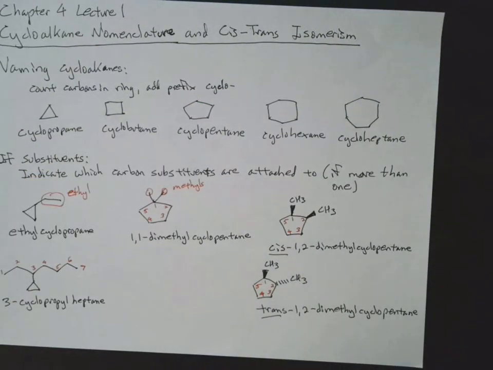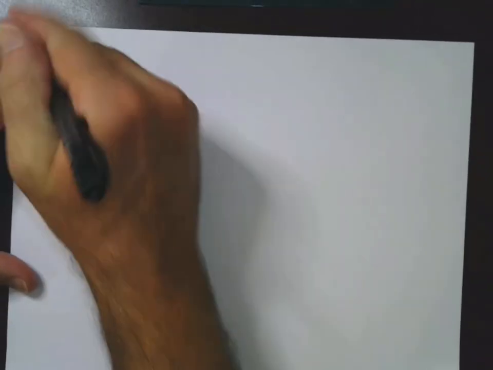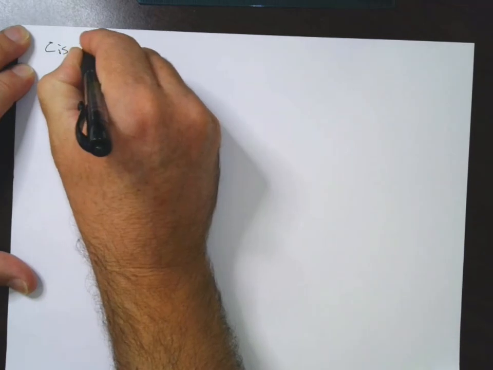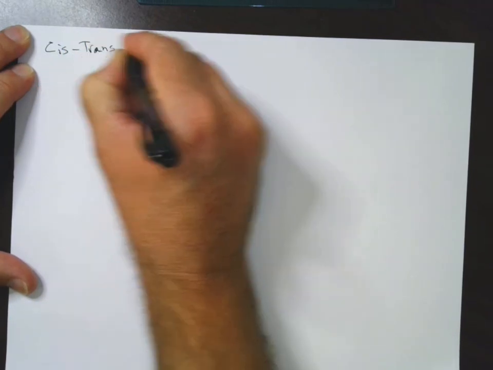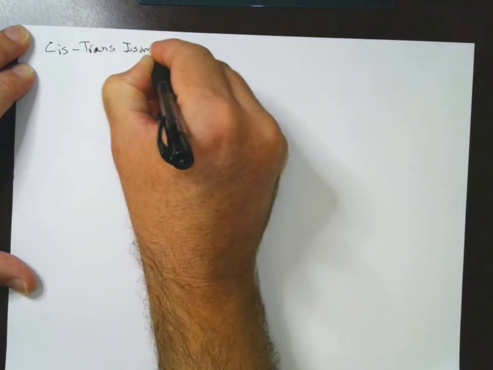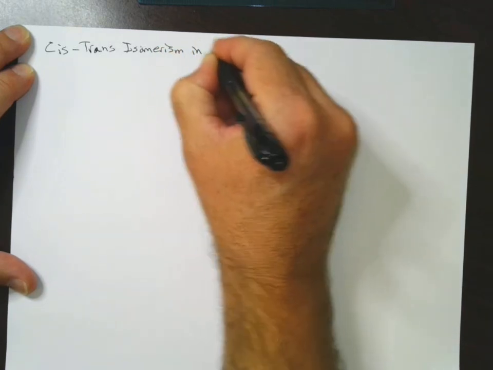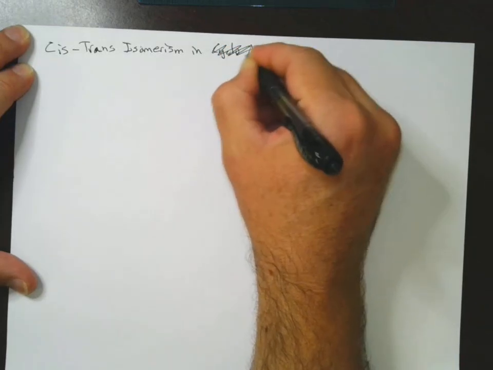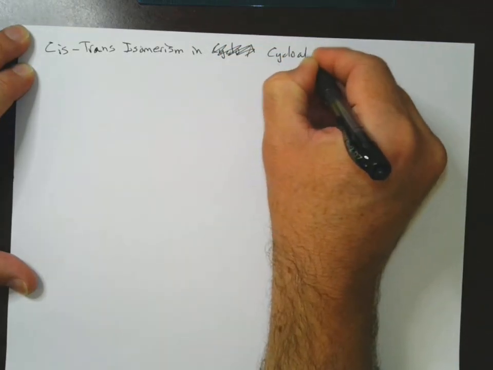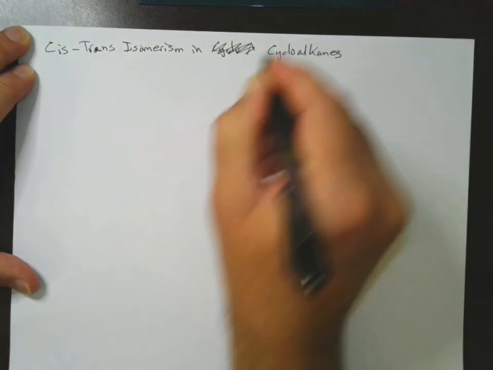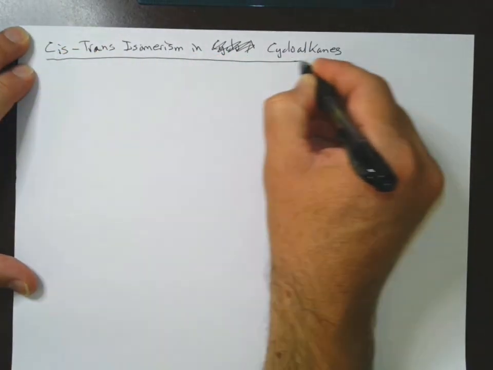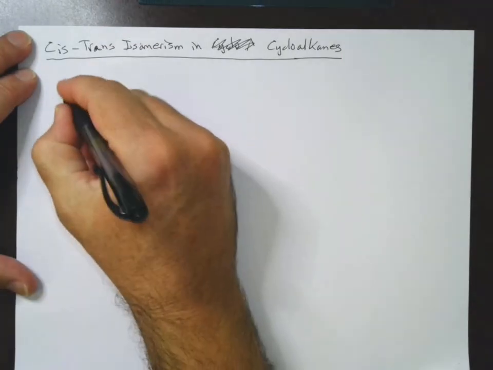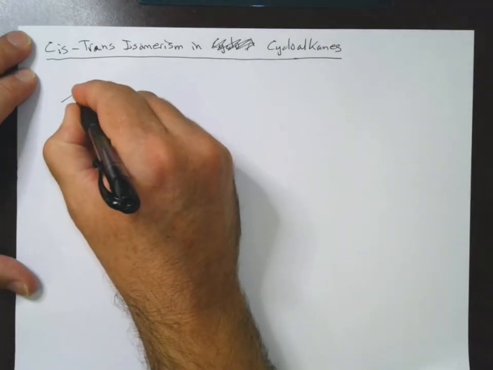Let me draw that out a little bit more. Cis-trans isomerism in cycloalkanes. I'm going to draw it just a little bit differently.